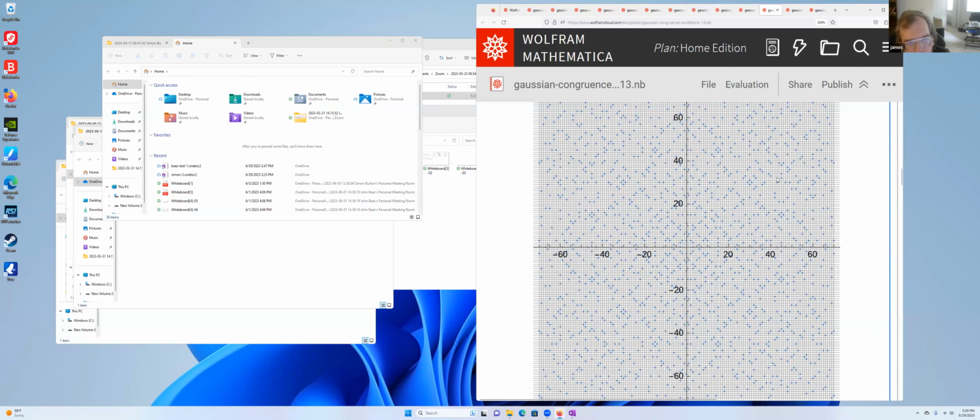But I don't know. Maybe I'm tricking myself. The eightfold dihedral symmetry is... Yeah, there seem to be diagonal lines. Yes, exactly, you're right. Our visual system picks out these lines, and somehow our visual system is interacting with patterns that exist in the Gaussian integers.